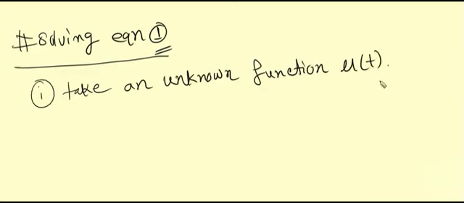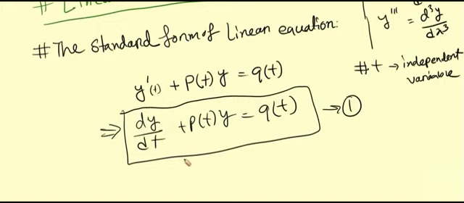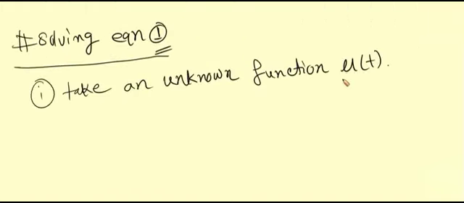And this is at first an unknown function, but we'll see how we can get a formula for calculating this mu of t. And what we're going to do is multiply this mu of t on both sides of equation 1, that is this one.